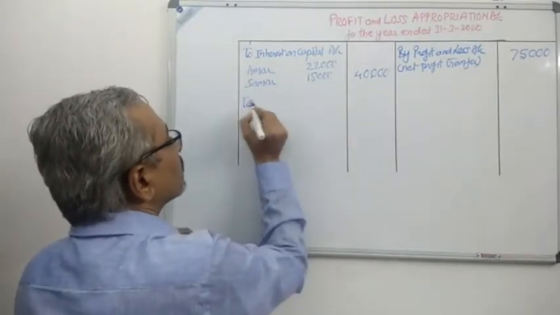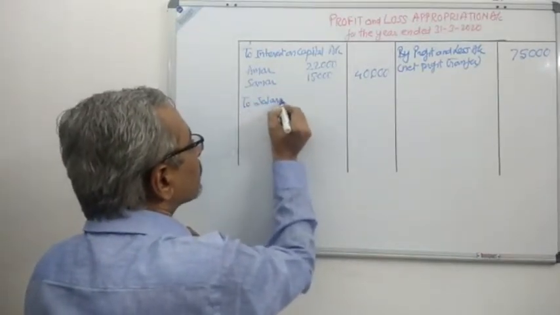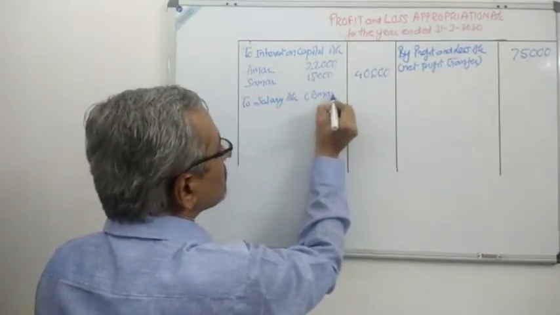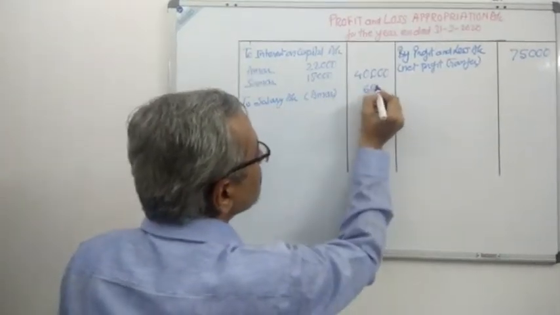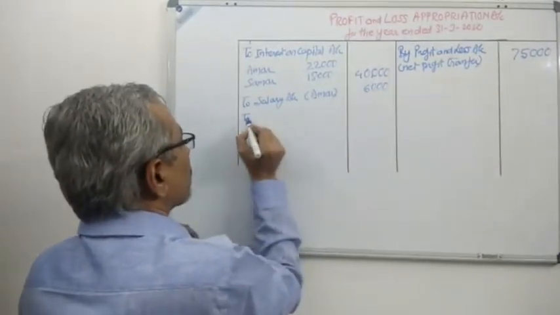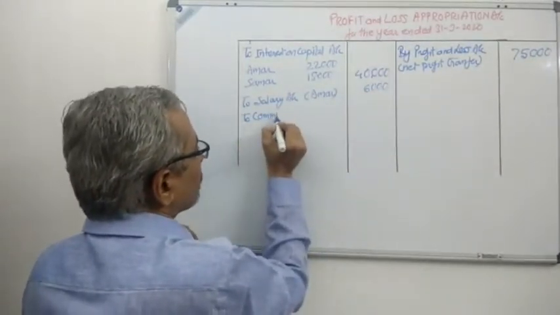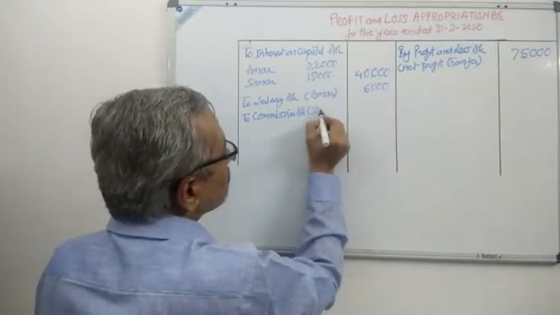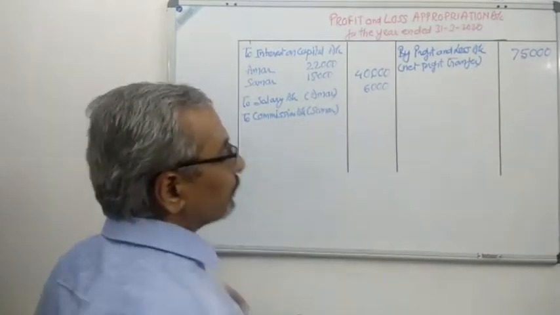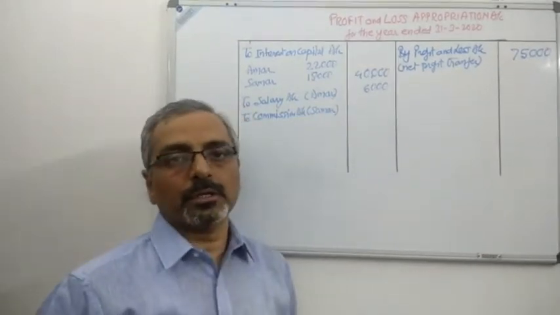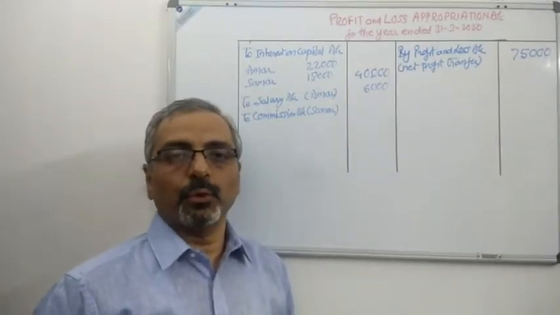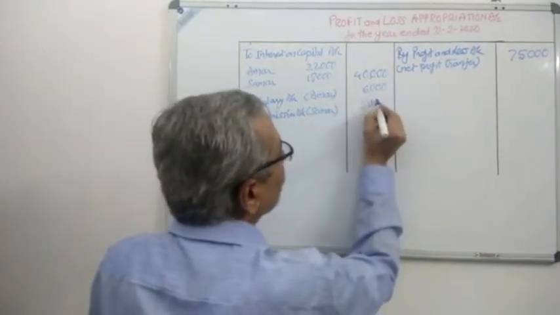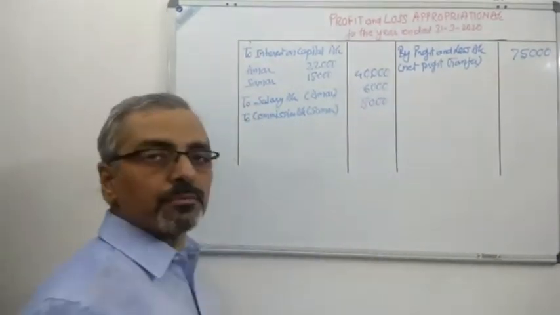Next one, if you remember, there is a salary which is being paid to one of the partners, that is Amar, and the salary is 6,000, and this commission which is being given to Summer. You remember, the commission was 2% of sales, and the sales was given as 4 lakh. 2% of sale is 8,000, which we had already calculated. 8,000.